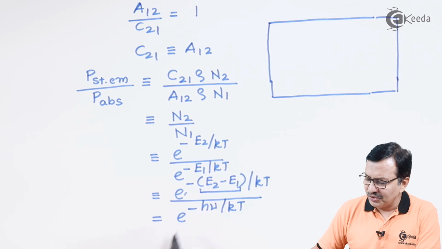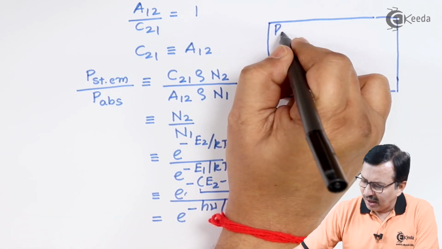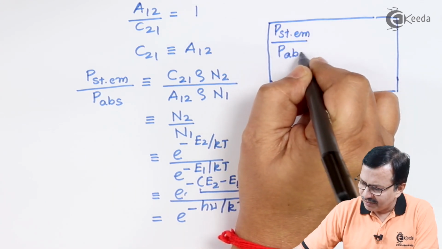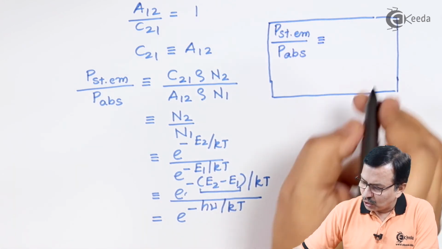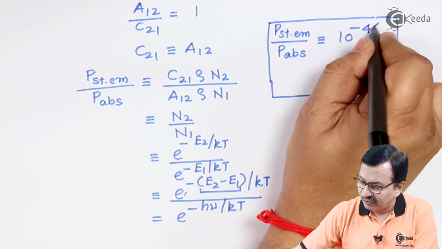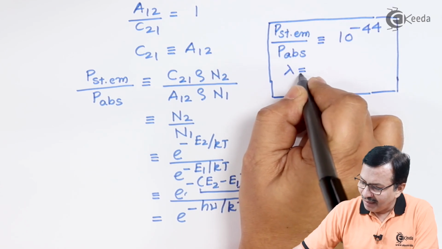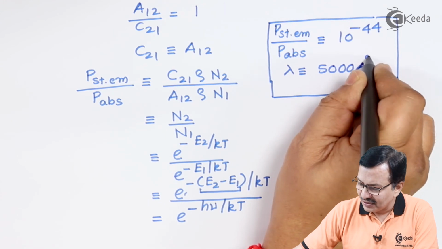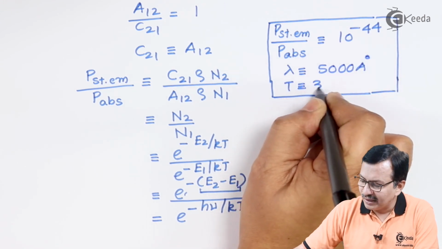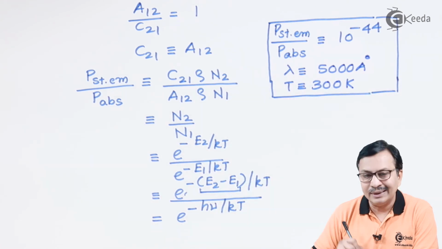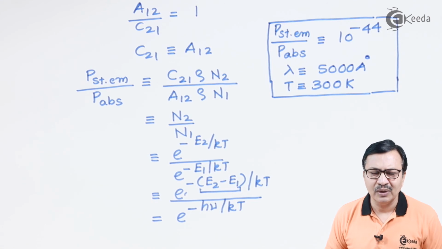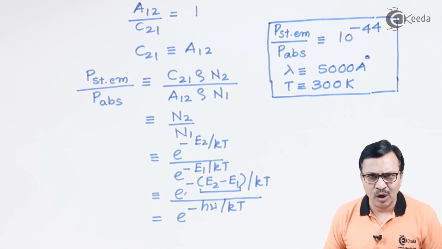When I substitute the values in this expression, the ratio of the probability of the stimulated emission to the probability of the absorption turns out to be 10 raised to minus 44, if we take lambda as approximately 5000 angstroms and the temperature as room temperature, which is 300 K. This figure suggests that the probability of the stimulated emission relative to absorption is as low as 10 raised to minus 44.